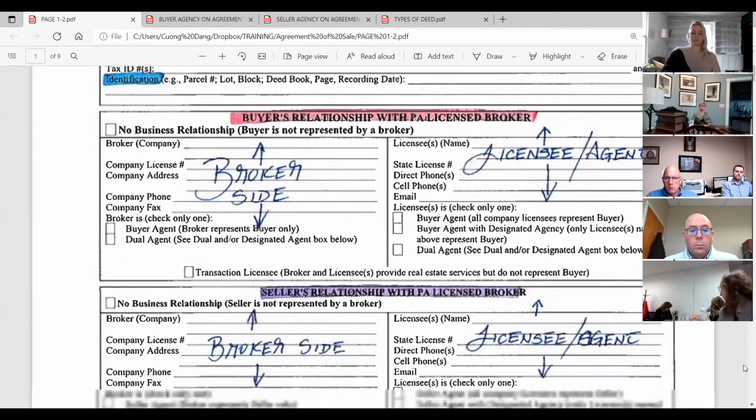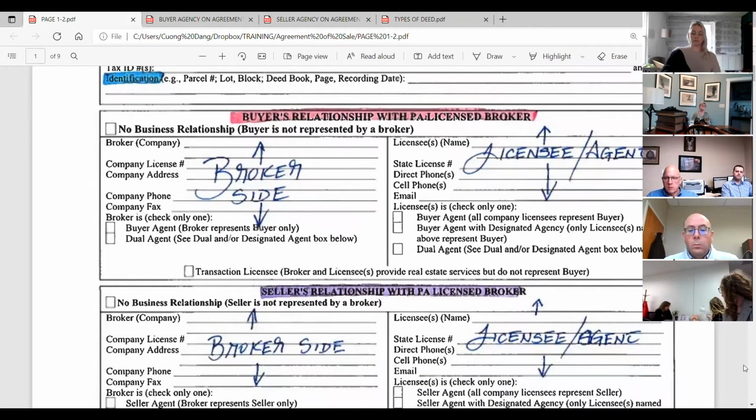Next box, buyer's relationship with PA licensed broker. Okay. You see how the box is divided into two? There's a left side and a right side. The left side is going to be the broker information. It's talking about the broker. The right side is the licensee / agent.